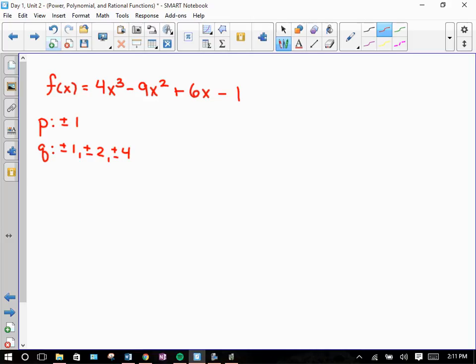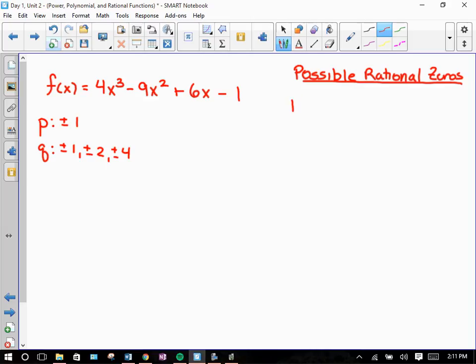Okay, so now what we need to do is find our possible rational zeros. To find our possible rational zeros, it is p divided by q. We only have one value for our p, plus or minus 1.